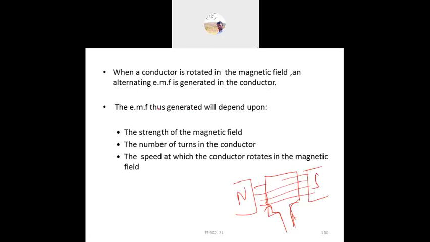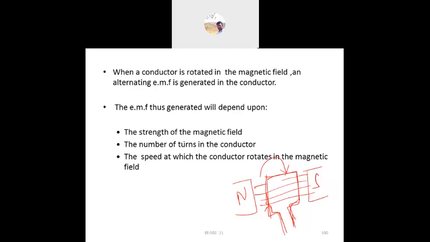The EMF generated depends on the strength of the magnet, that is, the magnetic field between the north pole and south pole, the number of turns of the conductor, and the speed at which the conductor is rotating. Based on that, the EMF generated will be dependent.